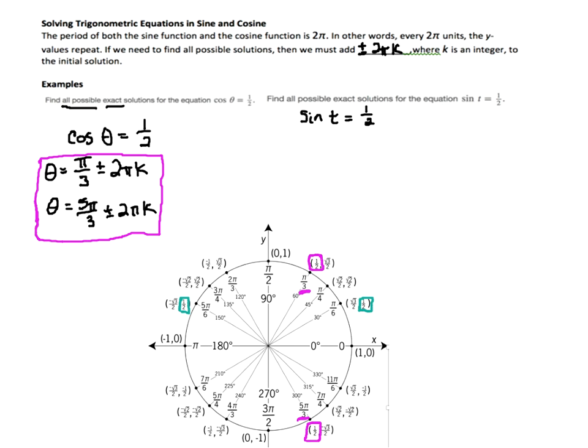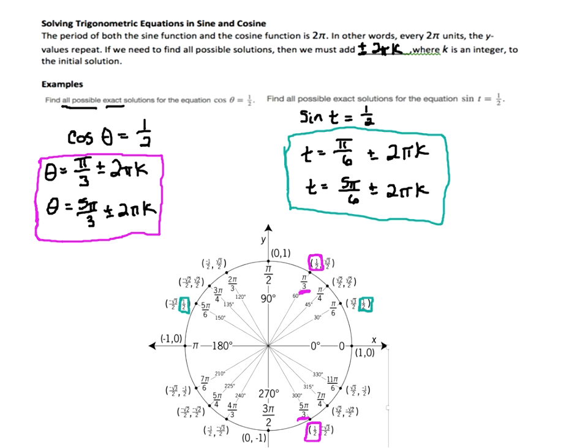So t is equal to pi over 6 plus or minus 2 pi k. t can also be equal to 5 pi over 6 plus or minus 2 pi k. Pretty simple, just using the unit circle to identify those angle measurements, and those are given in radians.